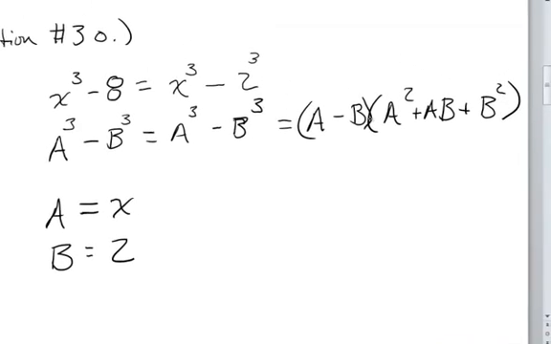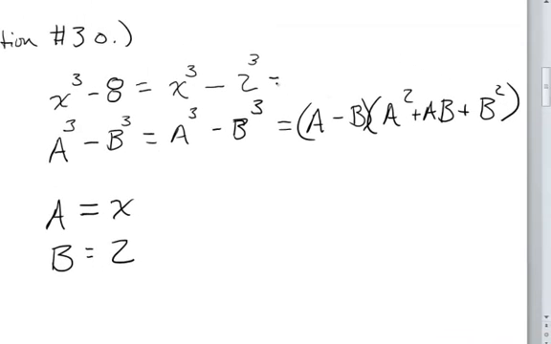We'll simply follow the structure of the formula, and in this case then, this will factor to be x minus 2 times the quantity x squared plus, I'm going to go ahead and simplify it, x for a times 2, or 2x, plus 2 squared, which is 4.